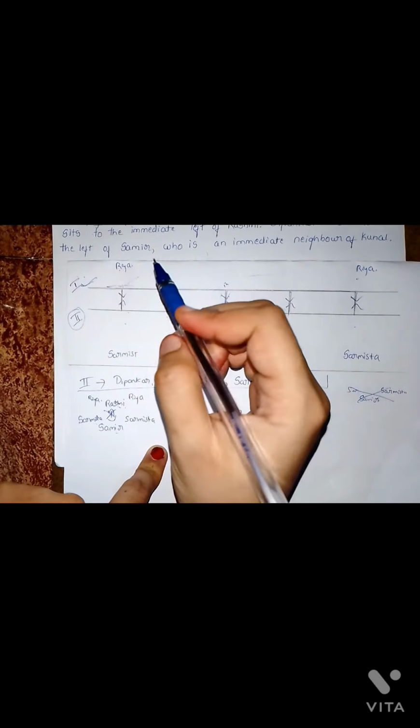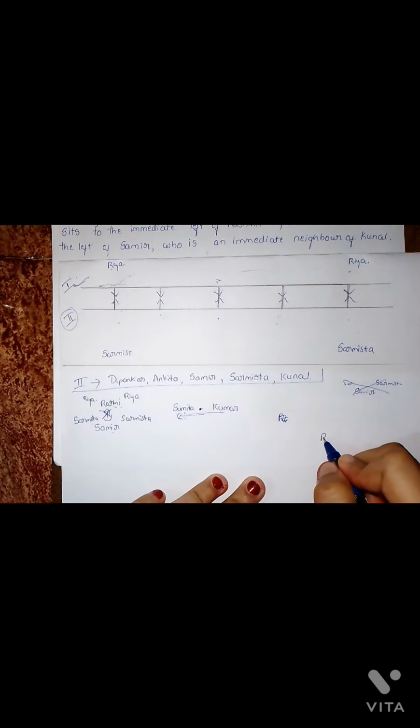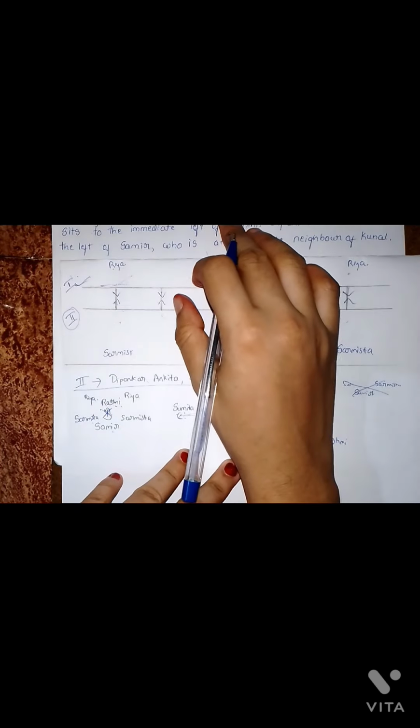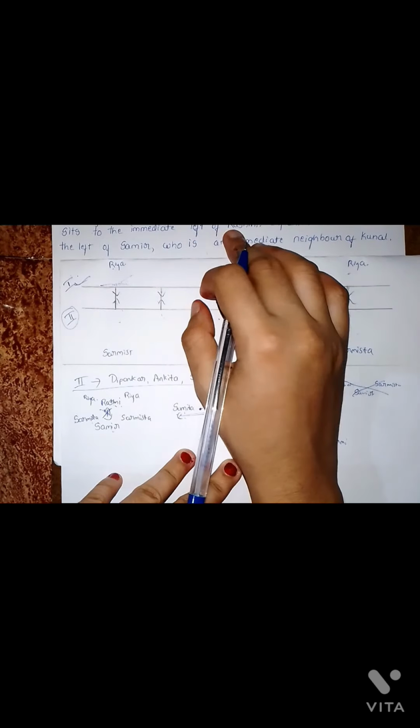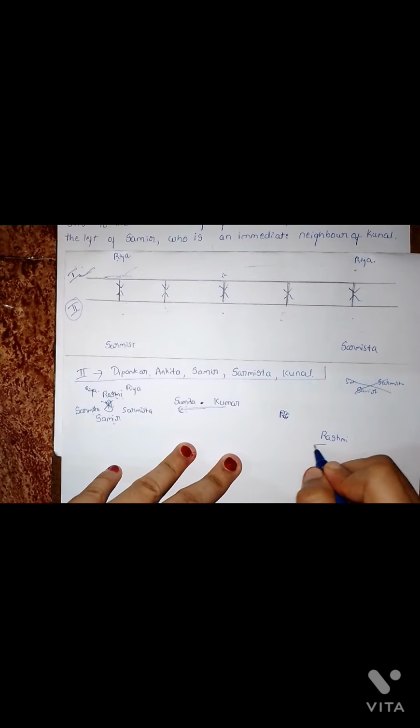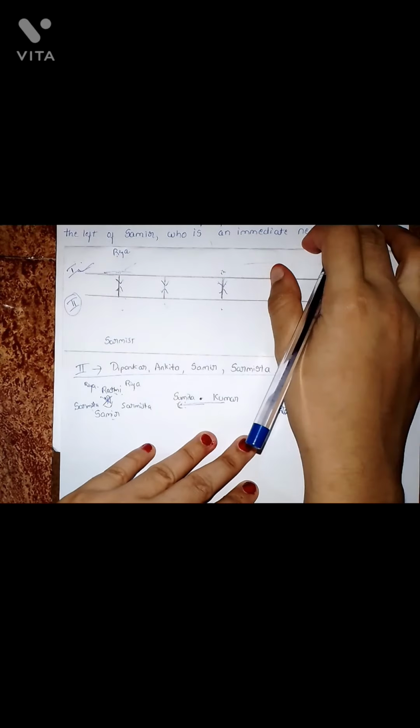Rashmi is facing south, right? That's why, what they are telling: Kunal faces the one who sits immediate left of Rashmi. Rashmi's immediate left is this person, so this below arrow.